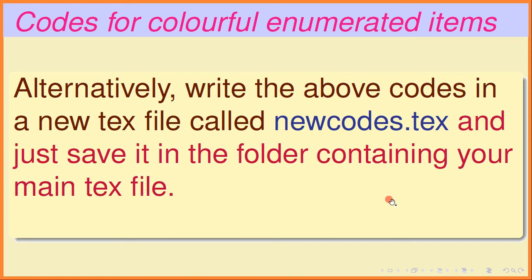And just save it in the folder containing your main text file, that means the folder which contains your main working text file, where you have written your manuscripts or research papers or anything like that. So in that folder you save this particular file.